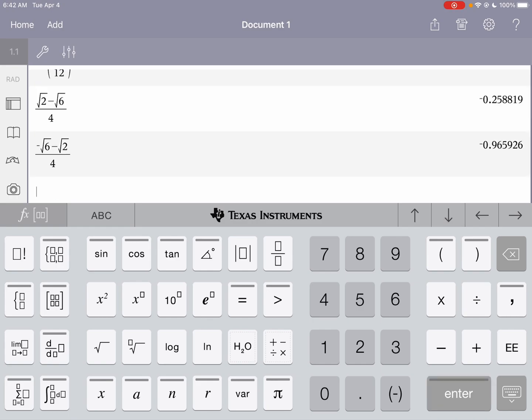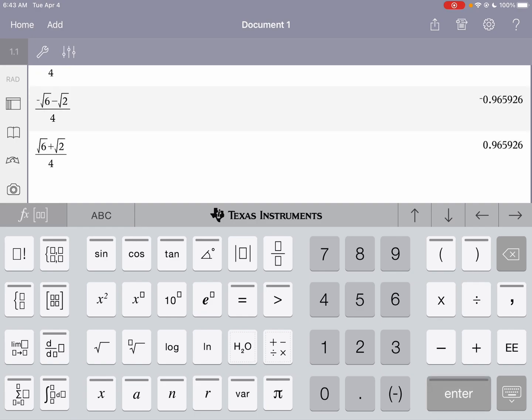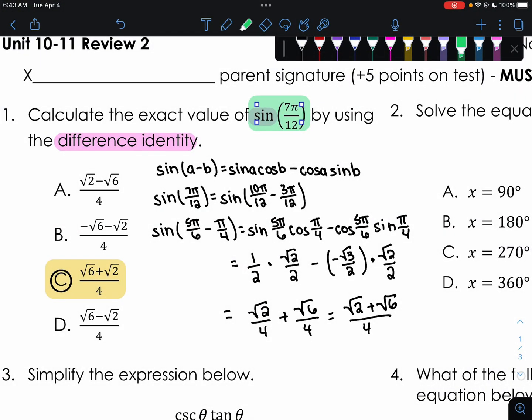I see that is not the same decimal. It is close, but it's negative. So then I go to the one we said was correct, rad 6 plus rad 2 all over 4. And notice how that decimal matches the one that we wanted. So that's how you can check your work with the calculator.